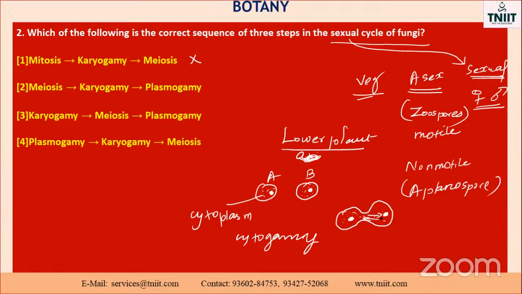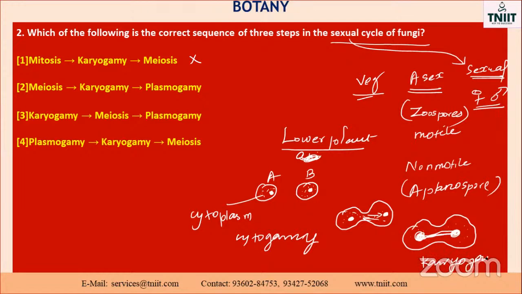The cytoplasm united together, interchange between the two adjacent cells, is called cytogamy. Suppose the nucleus is interchanged. How will the nucleus be interchanged? Same process. The nucleus is there, here also the nucleus is there, and it will be like this. Cytoplasm as it is here. This is called karyogamy.